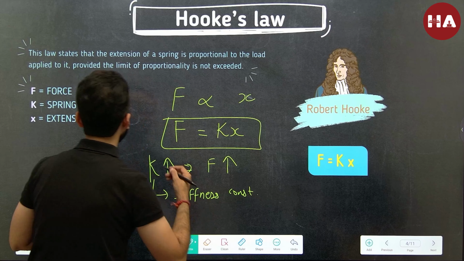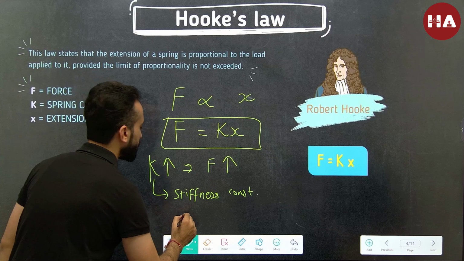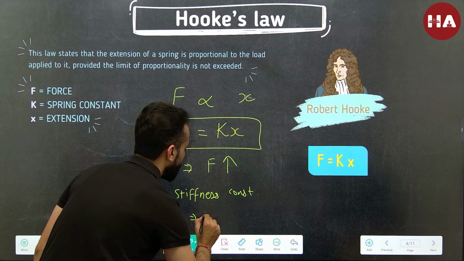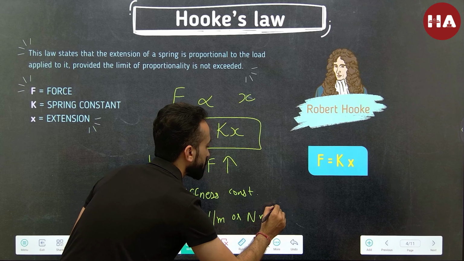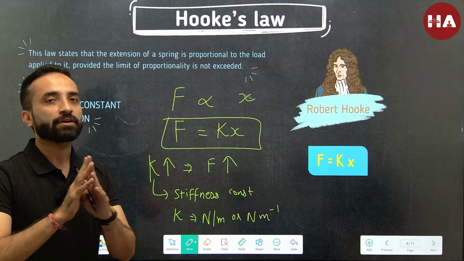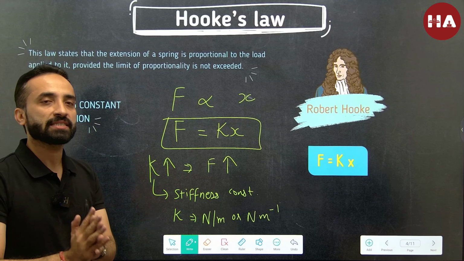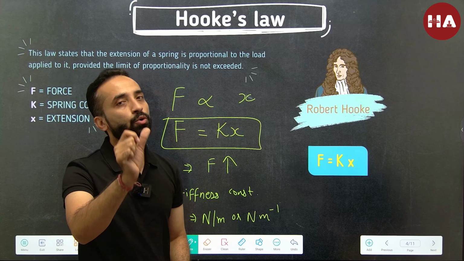And what should be the unit of it? Since this is Newton and this is meter in SI unit, the unit of K should be Newton per meter, which you may also write as Newton meter inverse, isn't it? So this is the thing that Robert Hooke suggested, that force is directly proportional to the deformation, but the catch is not always this law is exactly obeyed.